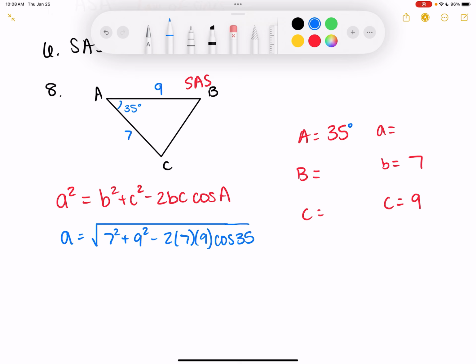Yeah. So then you can type the whole thing into your calculator.